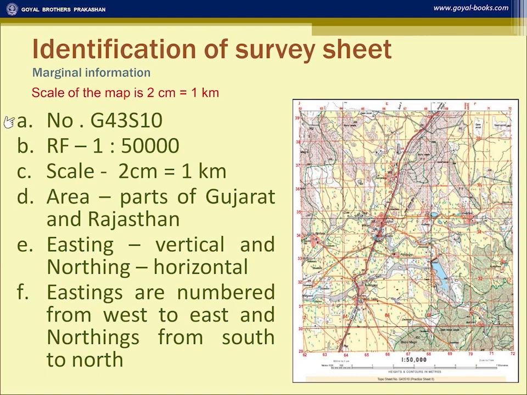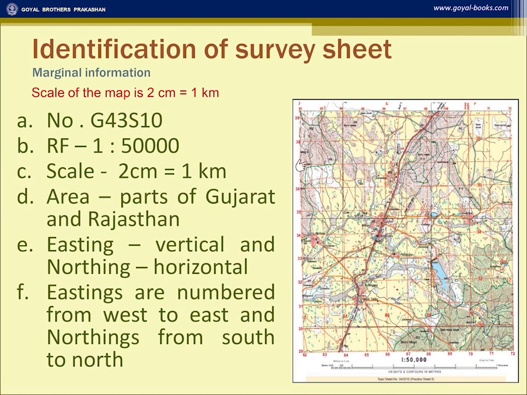Now, the number of this particular survey sheet in front of you is G43S10. We will not go into detail because generally this shows the area of our country of which this survey has been done. So here this contains the parts of Gujarat and Rajasthan.